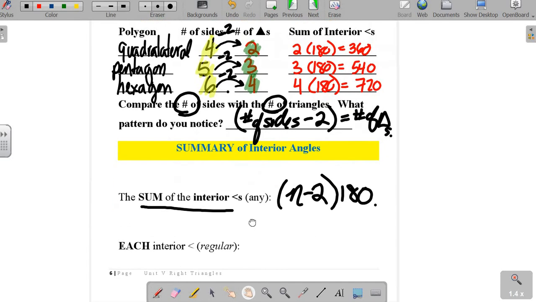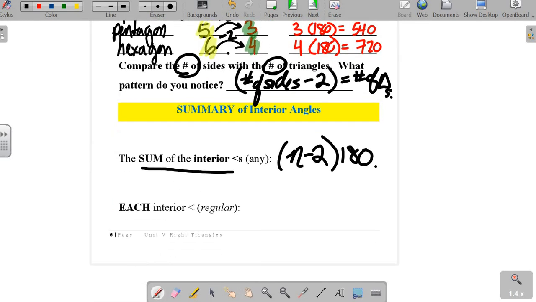Now think this through logically. If I had a regular hexagon, 1, 2, 3, 4, 5, 6, and all the angles were equal, if I wanted to find a single angle, I would take the sum and I would divide by the number of sides.